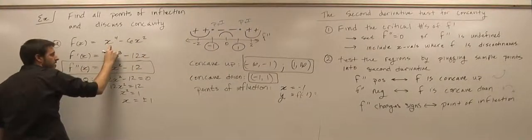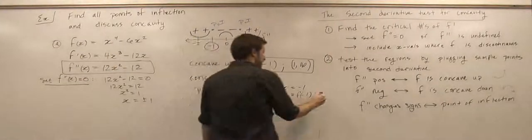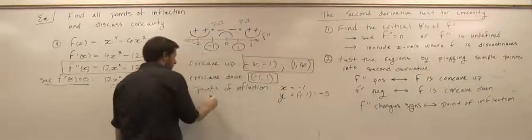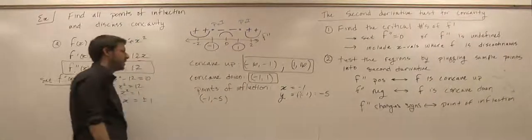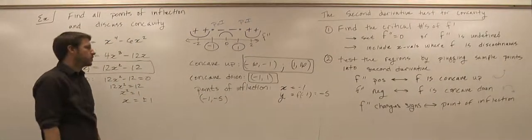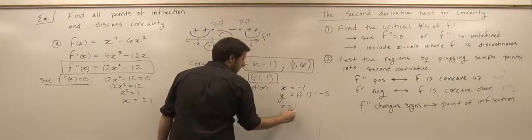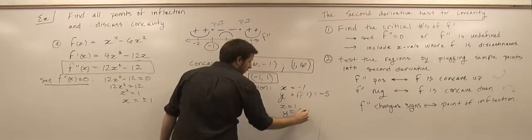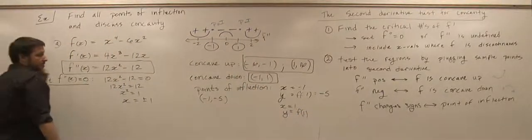So it'll be 1 minus 6, which is -5. So -1, -5 is 1 point that I change concavity at. Then also I have to do x equals +1, y equals f of 1. It's going to be the same thing, like -5.